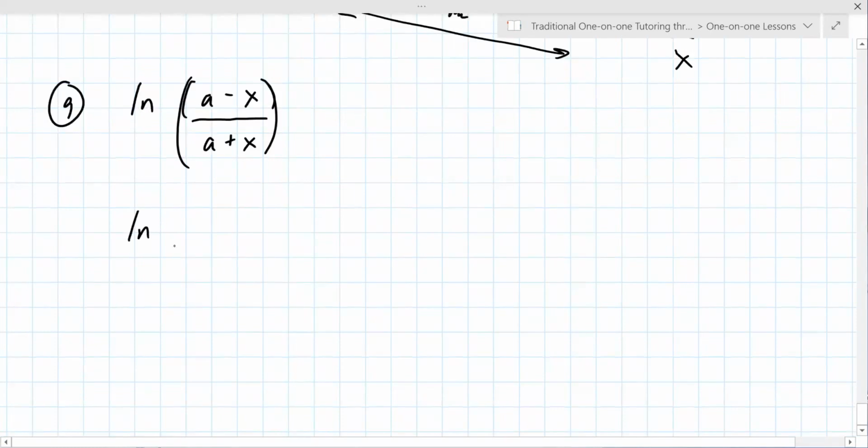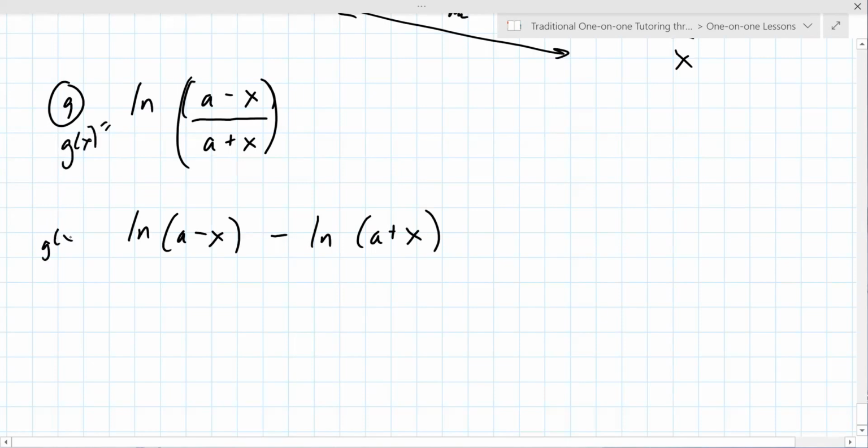So this becomes natural log of a minus x minus natural log of a plus x using the properties. So the derivative, and this is g of x, the derivative g prime of x is 1 over the inside part times the derivative of the inside part. What's the derivative of a minus x? And keep in mind, a is a constant.